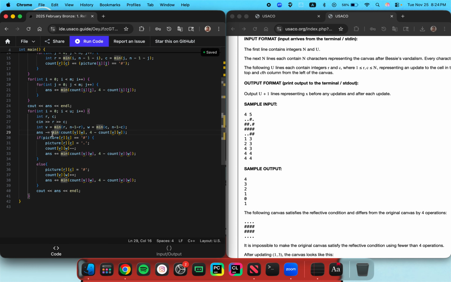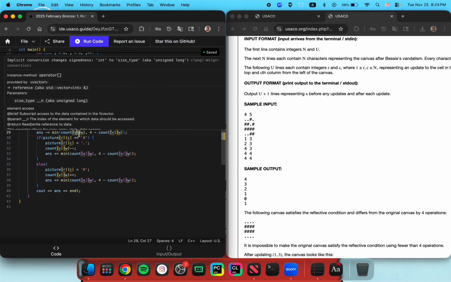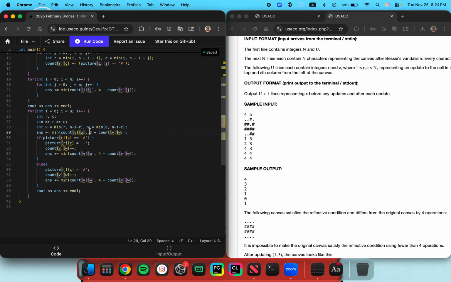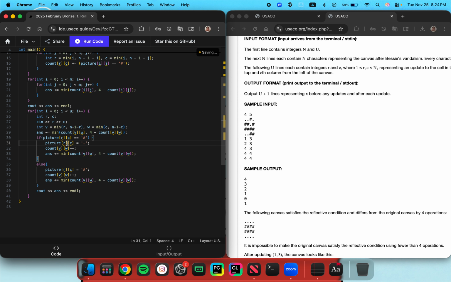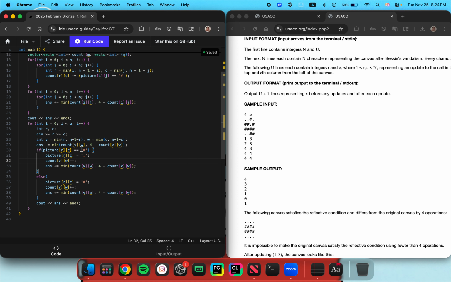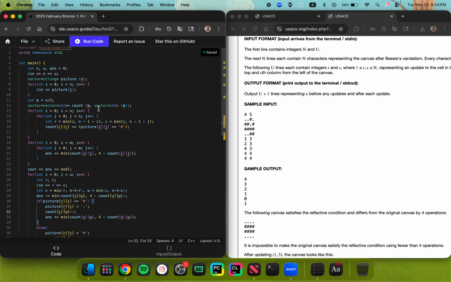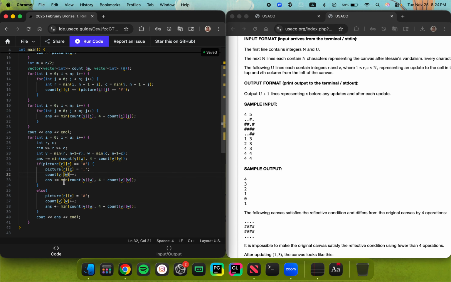The answer subtracts the minimum of count V W. It's here. Count V W subtracts. I mean, it's the same count V W. There shouldn't be anything wrong.